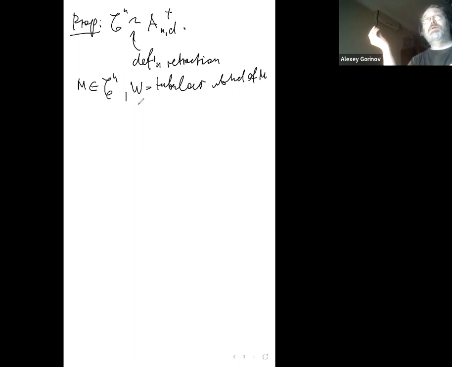No, in the non-compact case it's more complicated. But anyway, does everyone understand what the tubular neighborhood is?